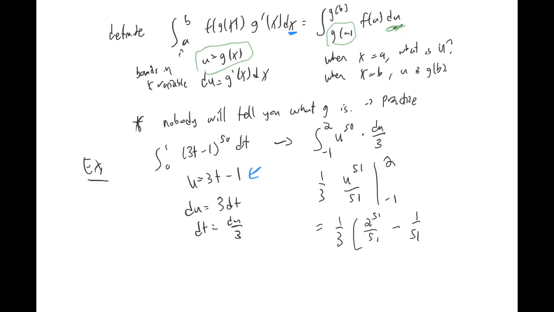Oh, no, plus, because I'm plugging in minus 1, so it's minus minus. It's minus and then negative 1 to the 51, which gives you the other minus. Everyone clear so far on this? Pretty simple. You're just simplifying the integral.